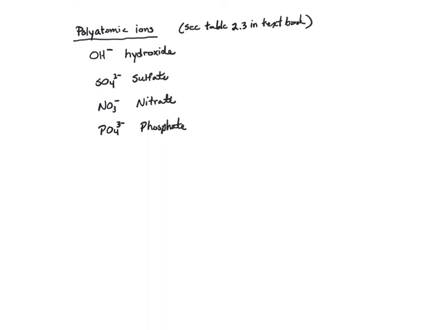Okay, so for example, if I had a compound that was composed of, let's say, calcium and hydroxide. Okay, so calcium has that +2 charge, and we said hydroxide is -1, which means that we need to have 2 hydroxides for every 1 calcium.